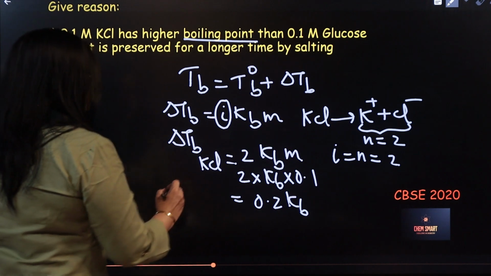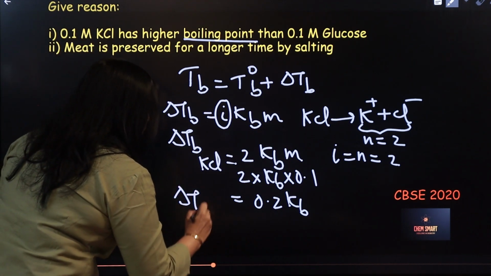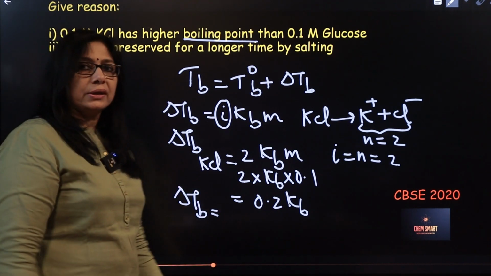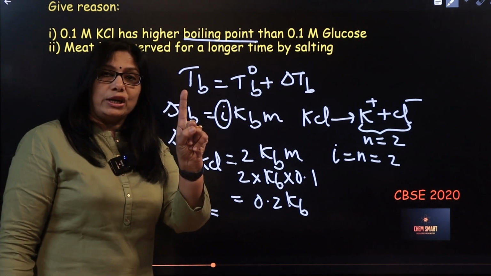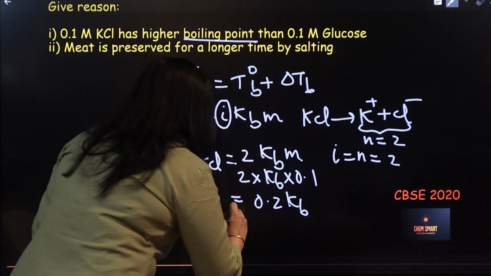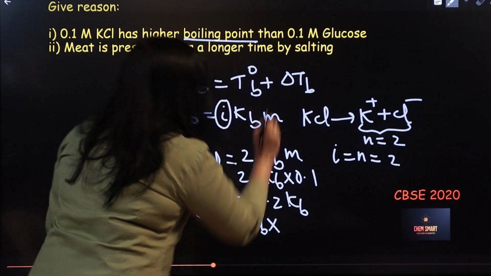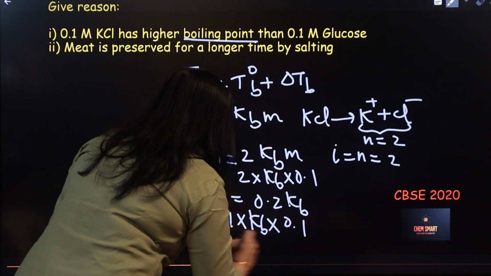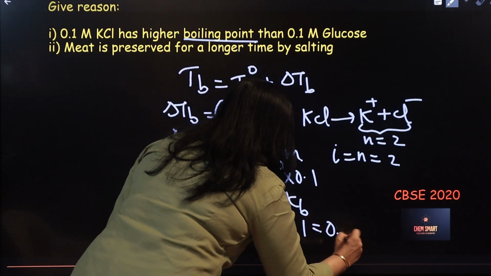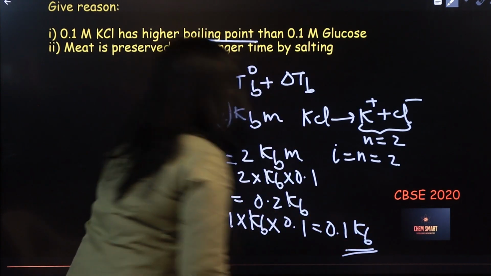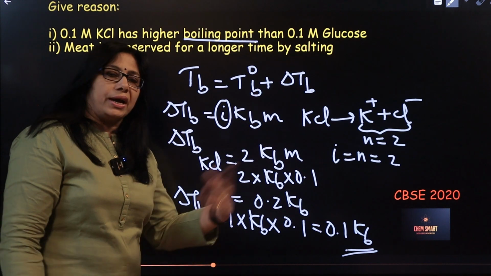Now if you come to glucose, delta Tb of glucose will be what? Glucose i value is 1, normal solute. So it will be 1 into Kb into m. m is 0.1, so this will be 0.1 Kb. Out of these 2, which one has higher delta Tb?